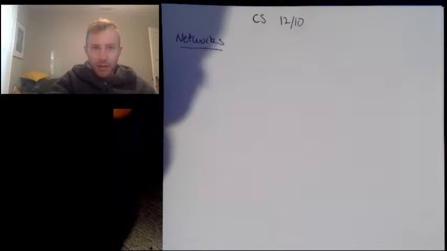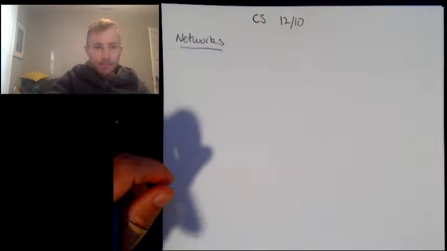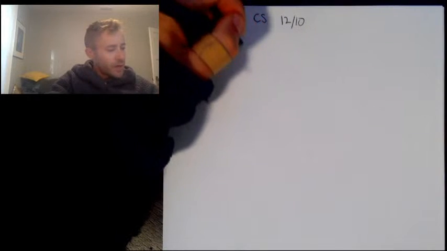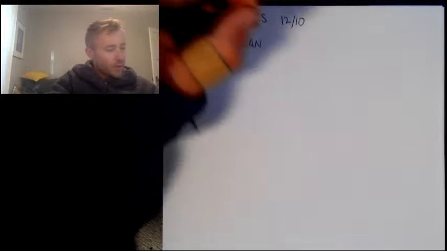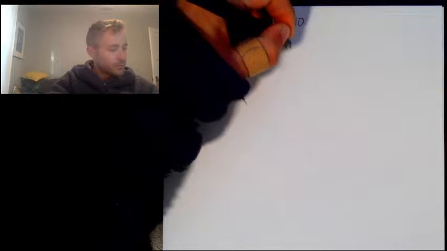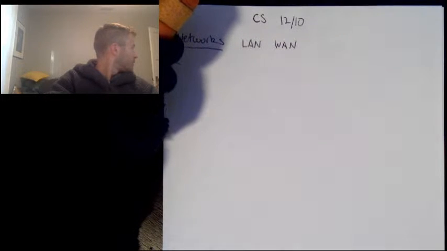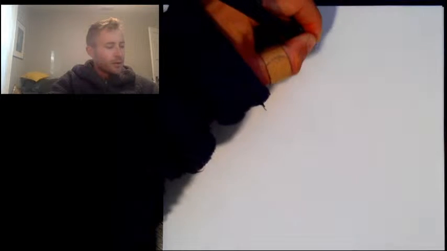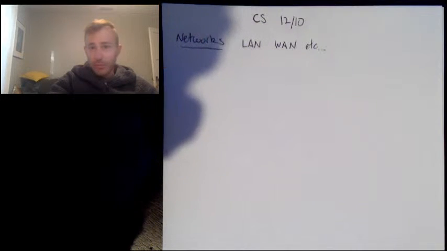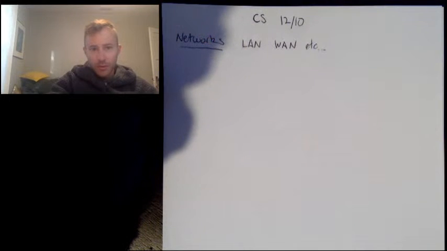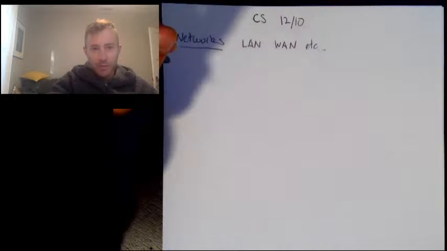And last time I defined several different types of networks, such as LAN, WAN, etc. So we're just going to go through some additional vocabulary terms today. These are vocabulary terms that might appear on the IB exam if you take it.